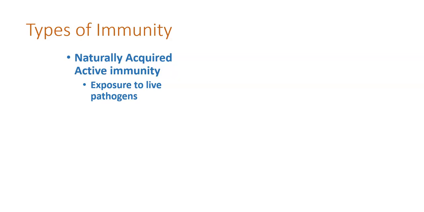And now I should be immune to the chickenpox. So that is natural. It did not involve me getting an injection. I was naturally exposed to the chickenpox. My body then went through the process, ended up with memory cells. So I have natural active immunity to the chickenpox. That is natural active immunity.